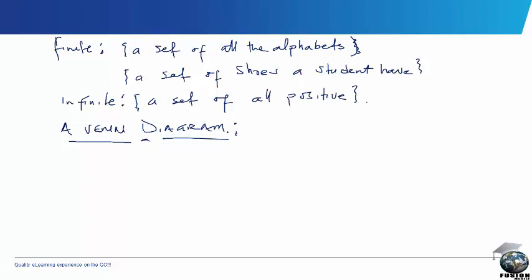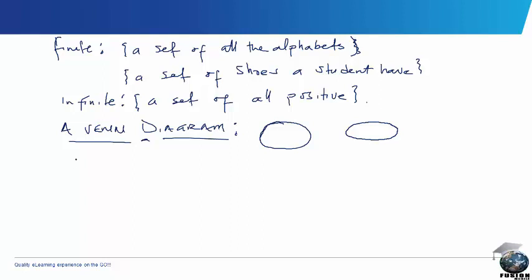Here the sets are represented in shapes, usually circles or ovals, and the elements of the sets are labeled within the circle.